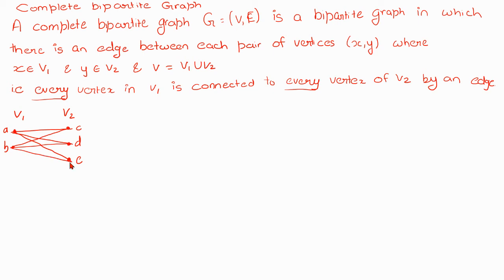Okay, that means there exists an edge between each pair of vertices x, y, where x belongs to V1 and y belongs to V2, and V is equal to V1 union V2. Therefore, this kind of graph is called a complete bipartite graph.